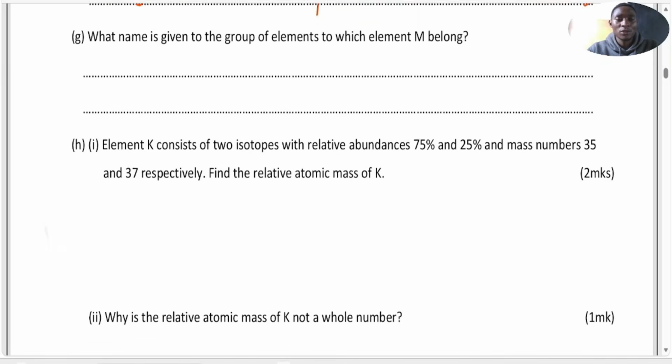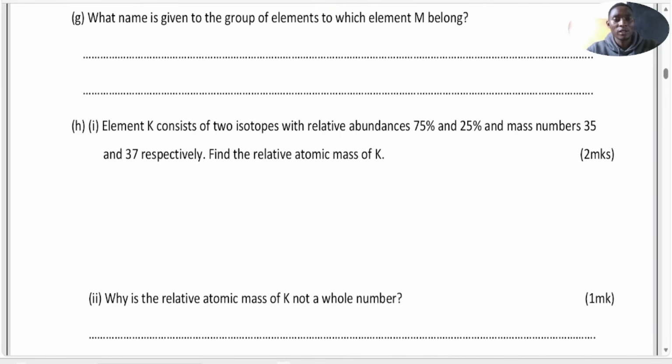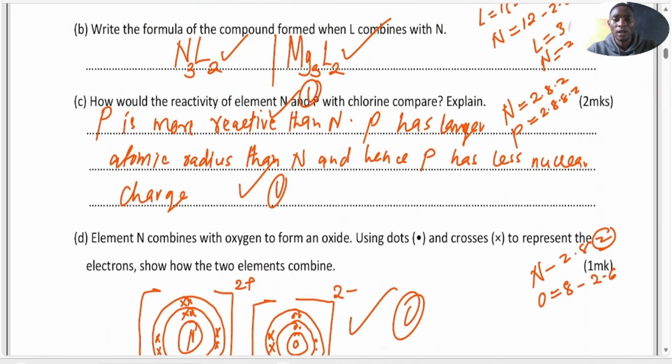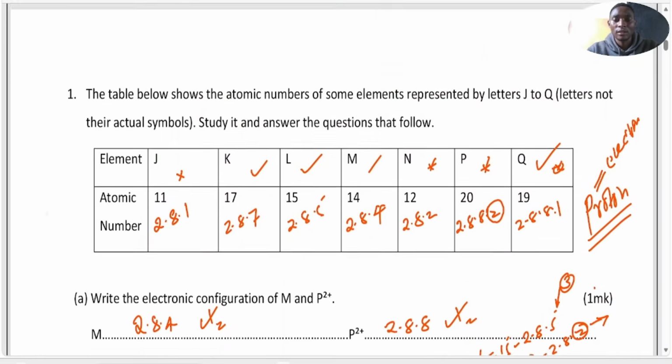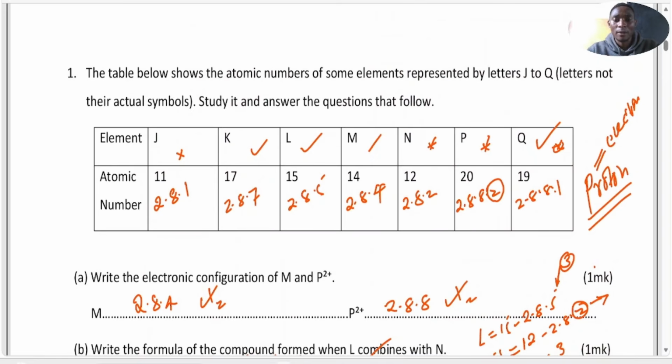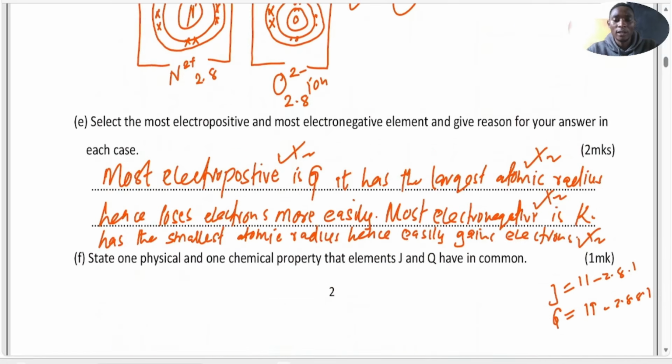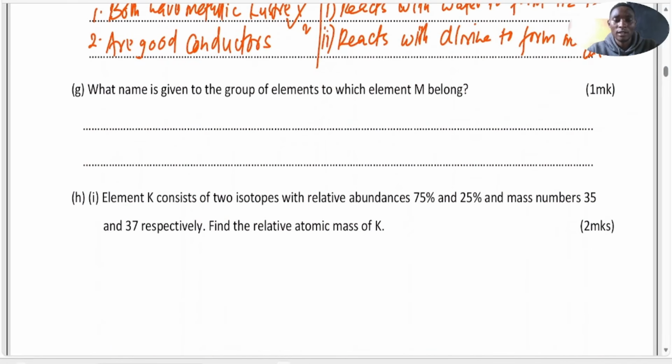Moving to the next question, what name is given to the group of elements to which element M belongs? Element M, as you can see, is an element with 14 protons. It has 4 electrons in its outermost energy level. So element M has 14 protons, 2, 8, 4, and this is basically silicon.